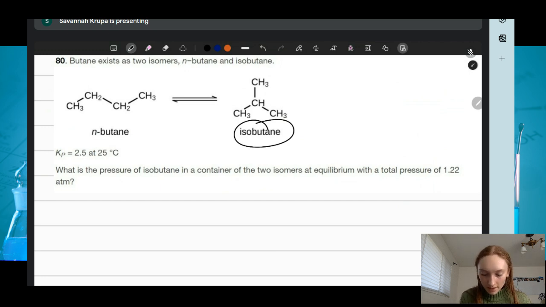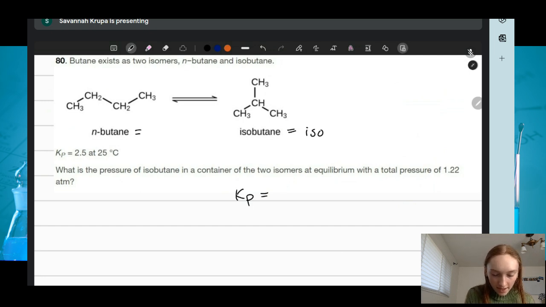And what I mean by that is when we have this equation right here, Kp will be the constant, right? And we'll have the products on top, and I'm just going to abbreviate it, this will just be iso, and the bottom one will just be N. So iso would be on top.